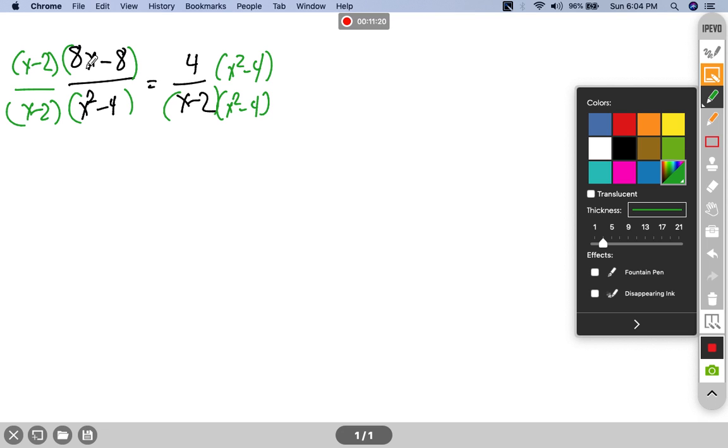So here, I've got to FOIL that one out. So I'm going to get 8x squared minus 8x minus 16x plus 16.